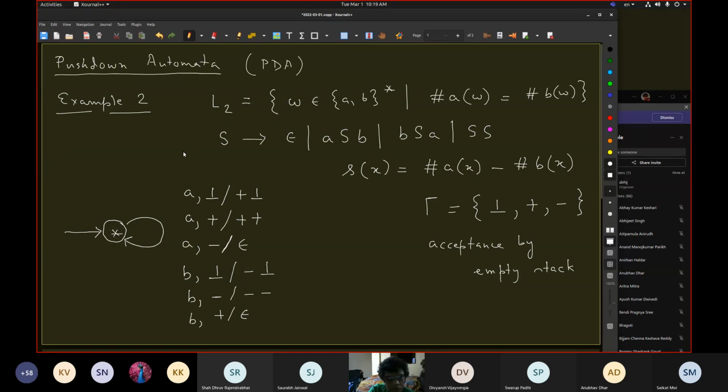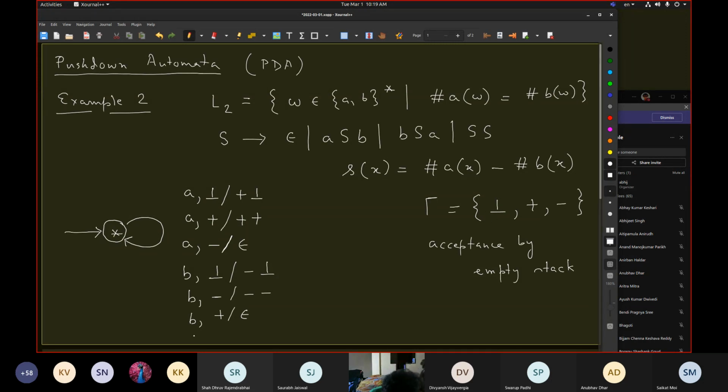So the machine will accept if and only if after it processes the entire input, the surplus is 0. And at that point, therefore, this bottom marker is exposed.